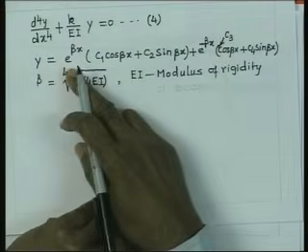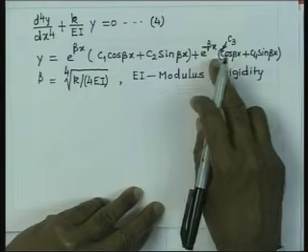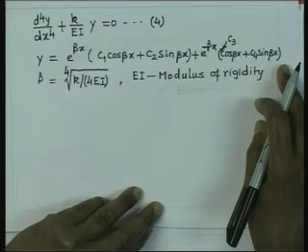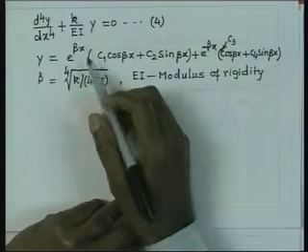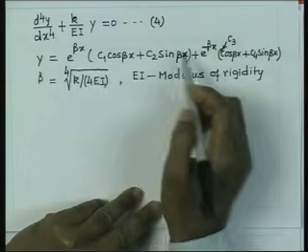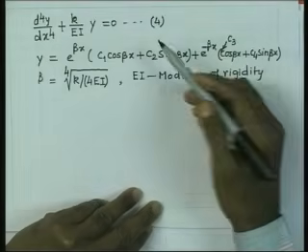So, with increasing x, your deflection must die out, and if you see the solution that we had obtained here, it shows y equal to e to the power beta x C1 cosine beta x plus C2 sin beta x plus e to the power minus beta x into C3 cos beta x plus C4 sin beta x. Obviously, if x increases, if beta is a positive constant, this term is going to shoot to infinity, and therefore we cannot have these things present.